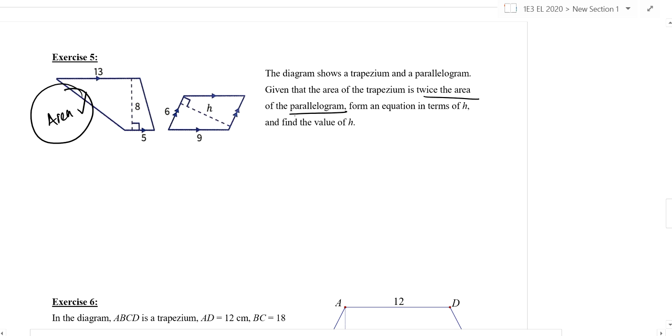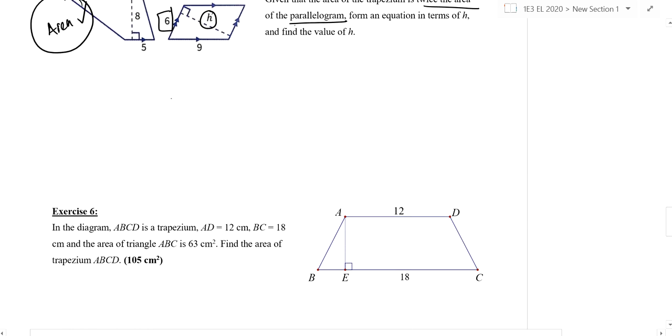So whatever this area is, we divide it by 2, we will obtain the area of this parallelogram. Now, with this area, we have to find the value of h. We notice that h is actually the perpendicular height of the parallelogram if we choose 6 to be the base. So from then on, we can form the equation in h and solve for h.